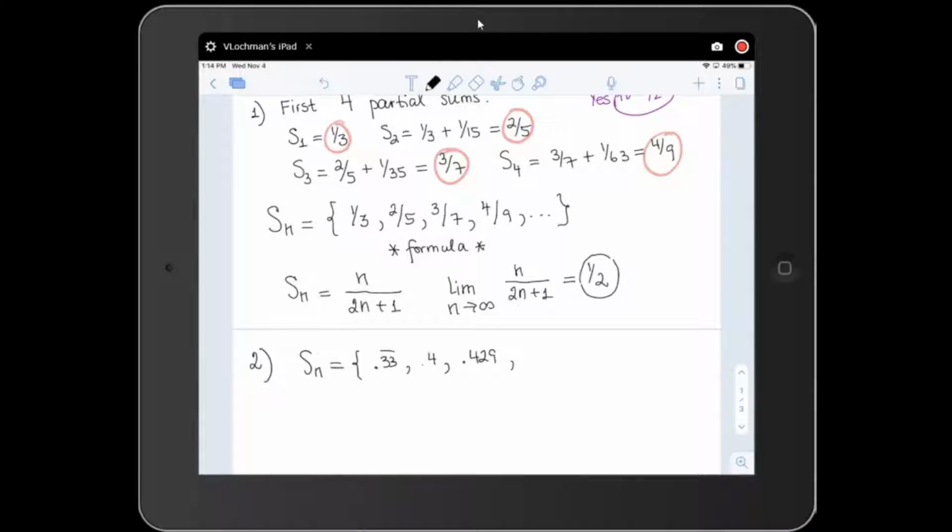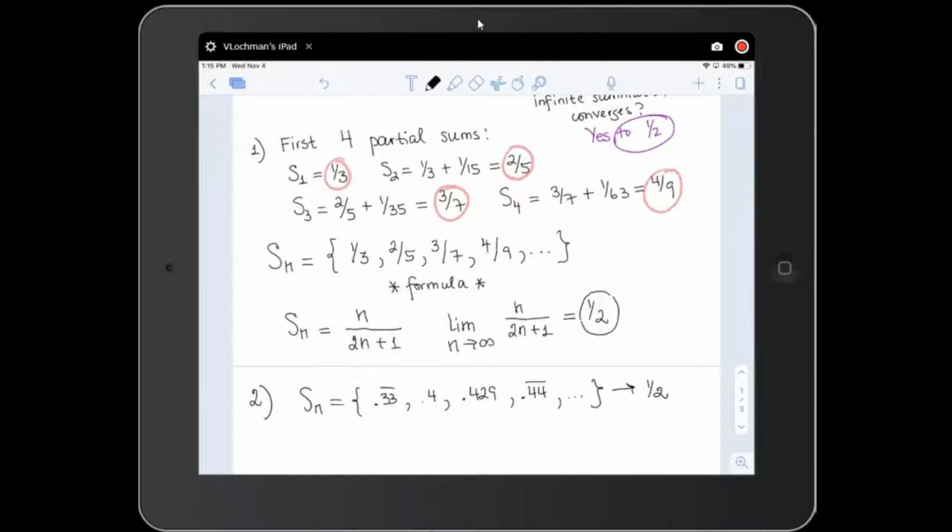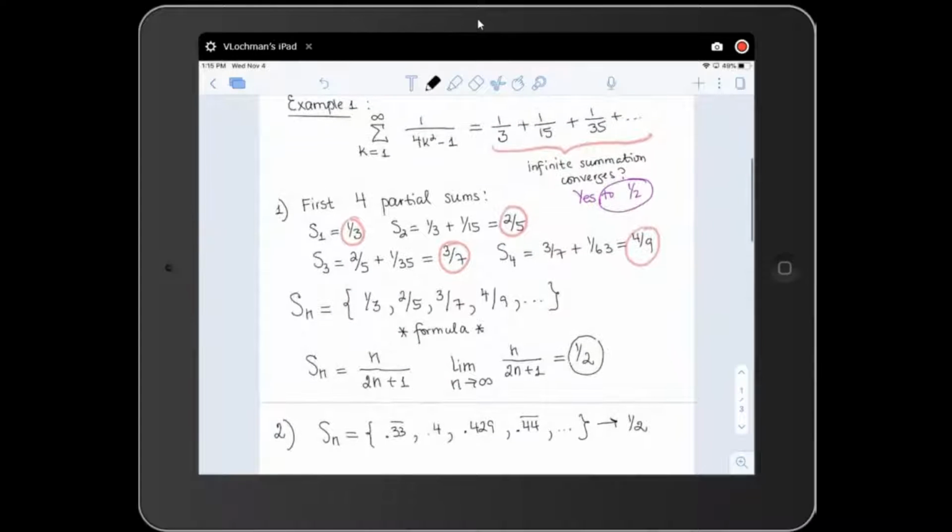You see how it slowly grows to 1/2. The sequence of partial sums converges to 1/2, so your infinite summation is equal to 1/2. That's just a quick example to remind you of the terminology, how we deal with infinite series in general. Let me stop here for 1 second.